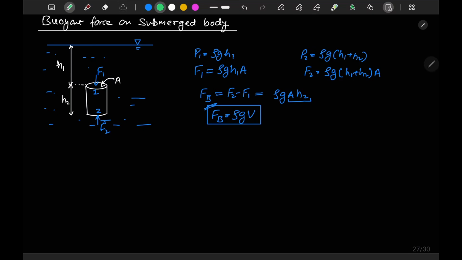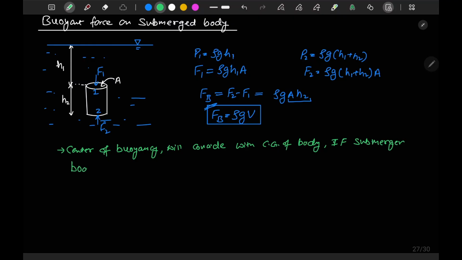Now, if we talk about the center of buoyancy, it will coincide with the CG of the body if and only if the submerged body is homogeneous.